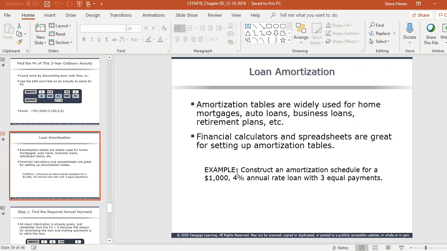Then loan amortization, just an example of when you go and borrow money to buy a car, you get a home mortgage or whatever that would be. The bank may give you a table. They might print that out and give it to you or show it to you that says, your monthly payment's going to be, let's just say, $500 throughout the life of the loan.